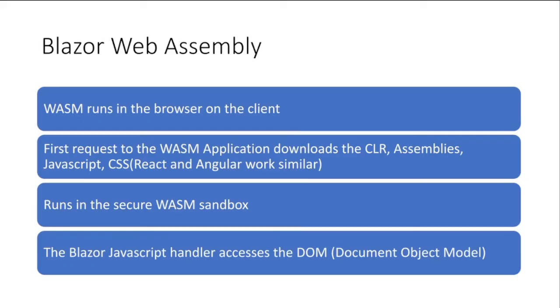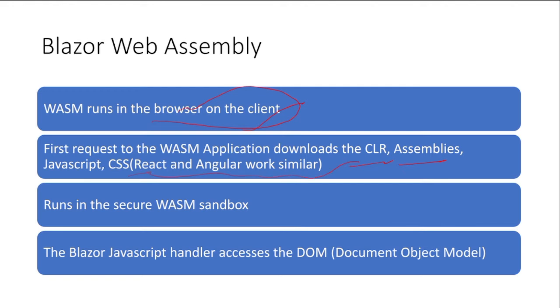Coming to Blazor WebAssembly, it uses a JavaScript library, so the application runs inside the client browser. How does it run the WebAssembly application? It first downloads the CLR, the common language runtime, and then it downloads the assemblies or JavaScript functions. These all work like React and Angular framework applications.